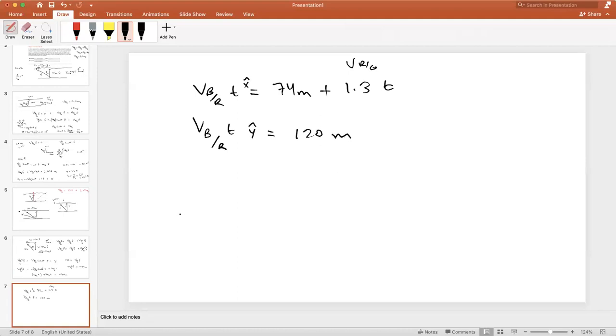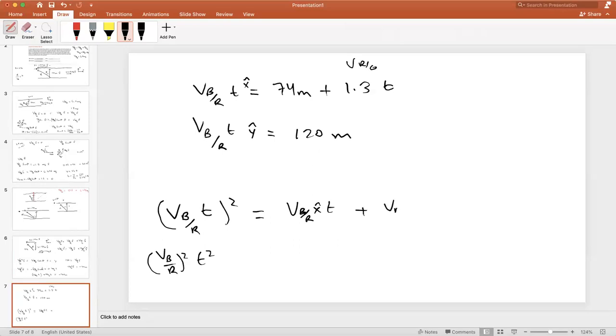What I want is to know what this is. This is actually what I'm searching for. The reason why is I know this becomes V_B over R squared times t squared. And it's equal to V_B over R in the x-hat times t plus V_B over R in the y-hat times t.